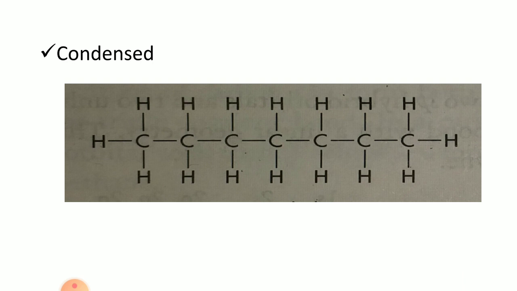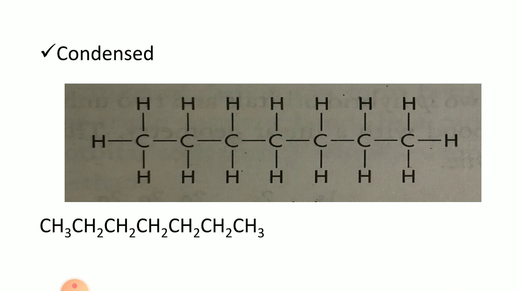That is CH3. Then, followed by a carbon atom bonded to 2 hydrogen atoms. That is CH2. Followed by another CH2 and another CH2 and another and another. And lastly, the carbon atom is bonded to 3 hydrogen atoms. All in all, we have the condensed formula of heptane: CH3, CH2, CH2, CH2, CH2, CH2, CH3.